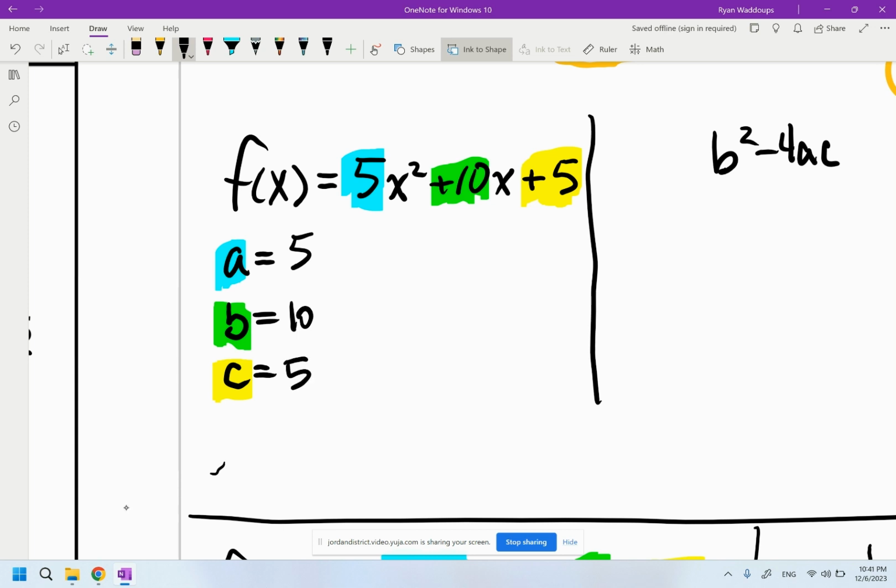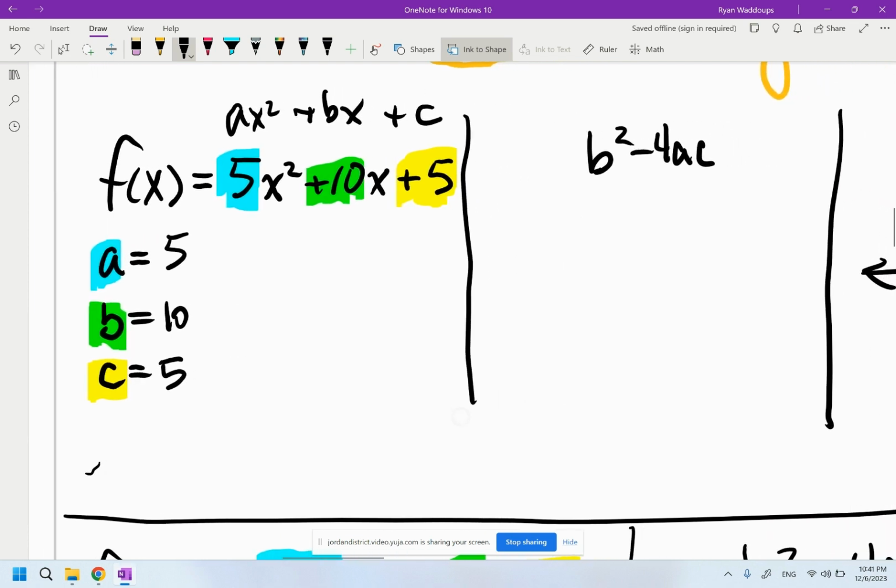Remember the standard form: ax squared plus bx plus c. And so once I know what a, b, and c are, I can plug it into my discriminant and figure out b is 10, so that's 10 squared minus 4 times a times c, and a is 5, and c is also 5.